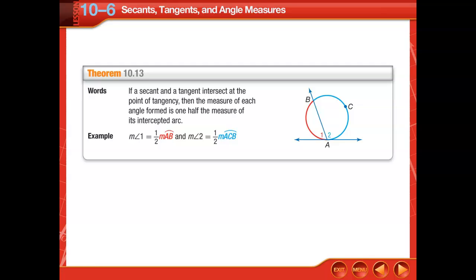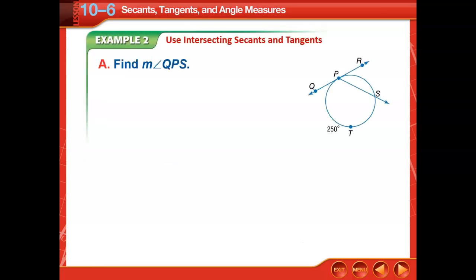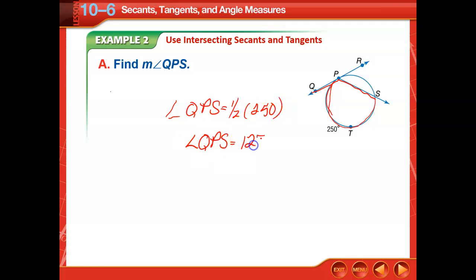This angle is technically inscribed because it's on that edge, not fully in it, so that's why we don't call it inscribed. So for QPS, its arc is this 250, so angle QPS equals 1/2 of 250, which is 125.